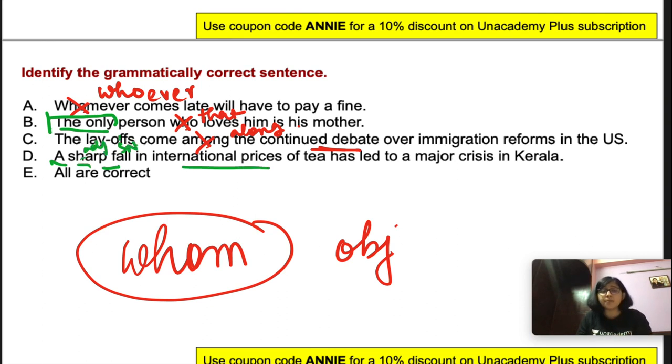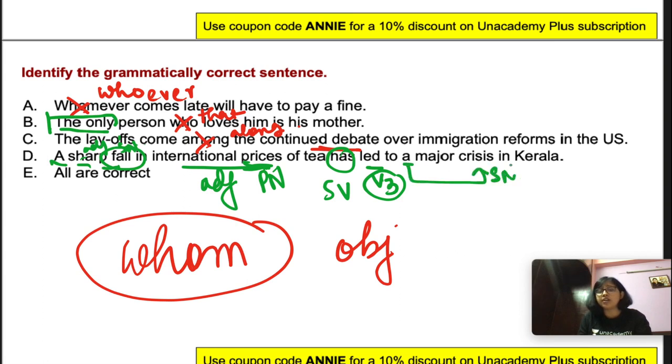In international prices. Prices is a plural noun, international is an adjective, of tea has led. Now fall is a singular noun, so the singular verb has is correct. Has plus V3, led to a major crisis. A plus singular noun, correct, crisis. Major is an adjective, major crisis in Kerala. So here the answer is option D.